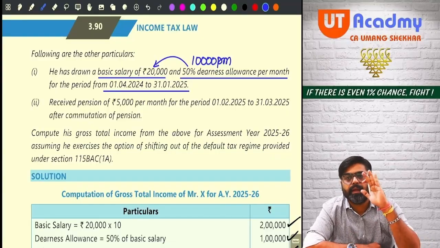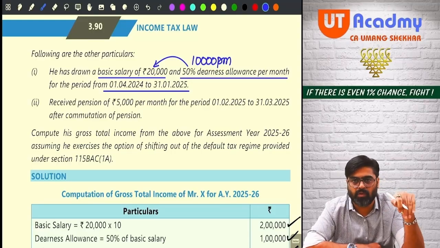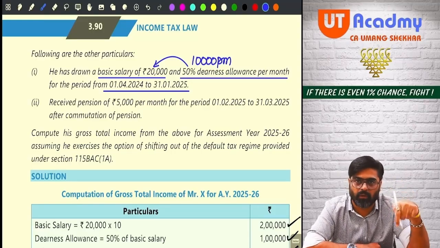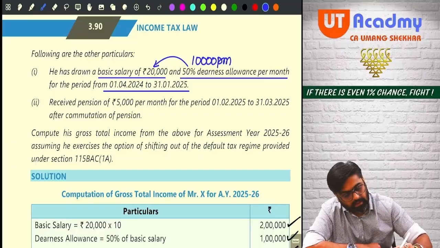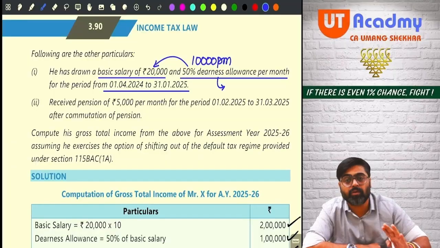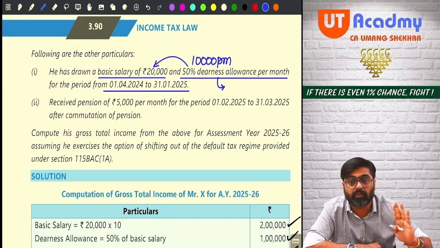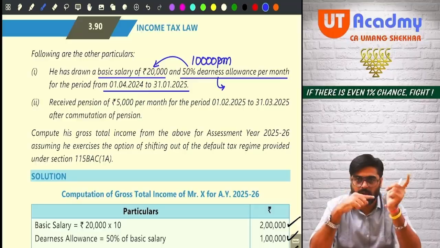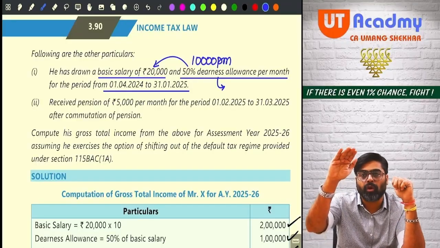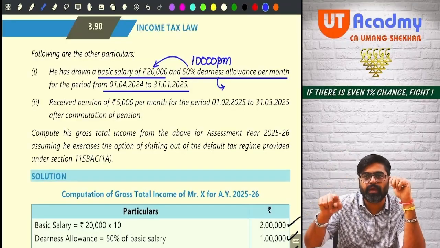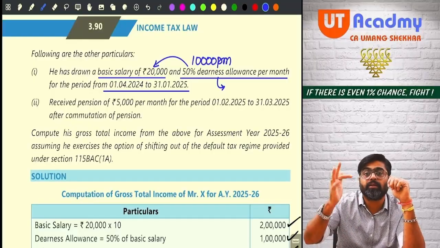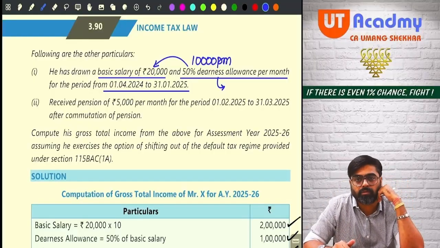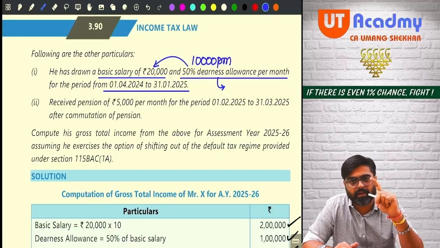Now see, in the answer which the institute has solved, they have assumed that DA is not in terms. They have assumed this because it is not given in the question whether DA is in terms or not in terms. So while solving the answer, the institute has taken an assumption that it is DA not in terms. But we will not take that assumption.